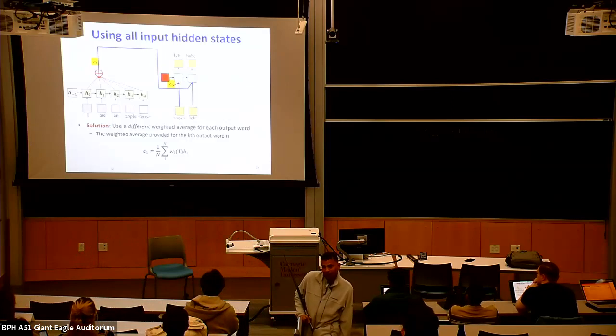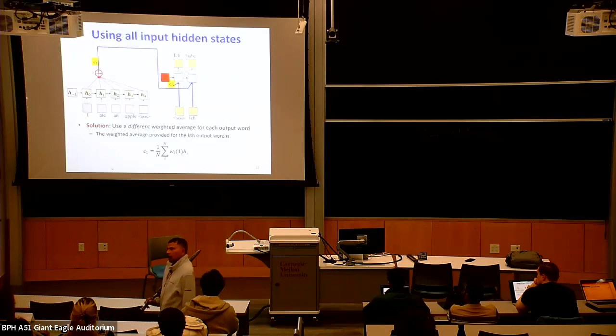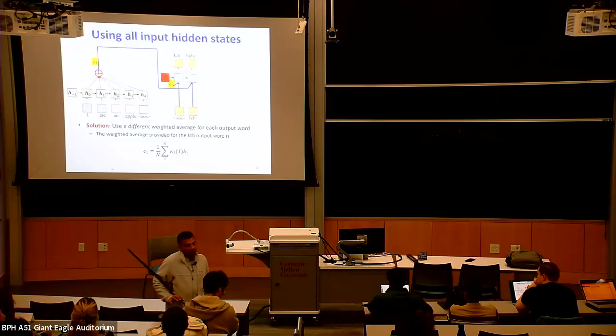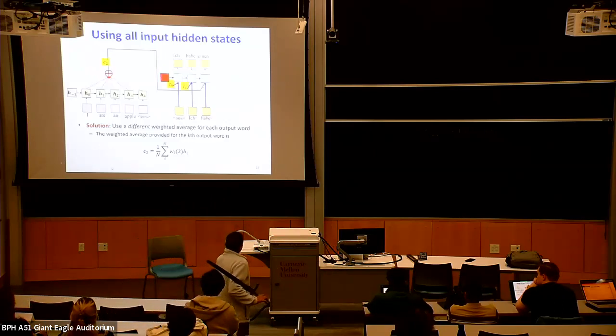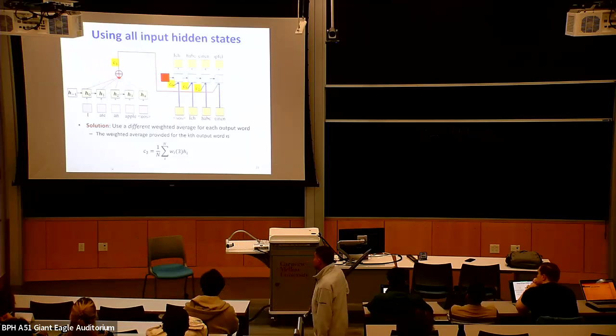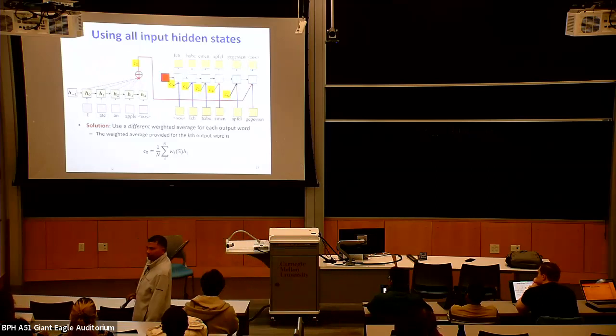And the context is being obtained from the input side, from the encoder, right? And so the context C1, which is used to generate the second word, is going to be a second-word-specific weighted combination of the inputs. And so also for each of these output words. And we'd continue generating as always until you generate an end of sequence marker.